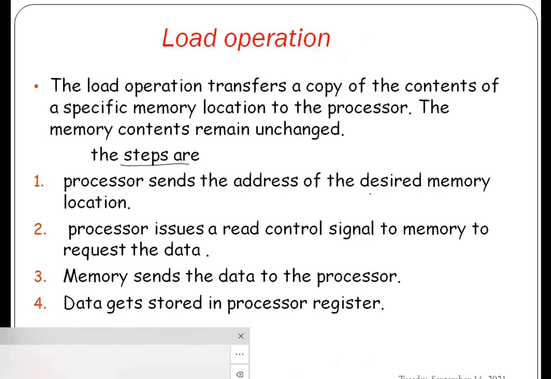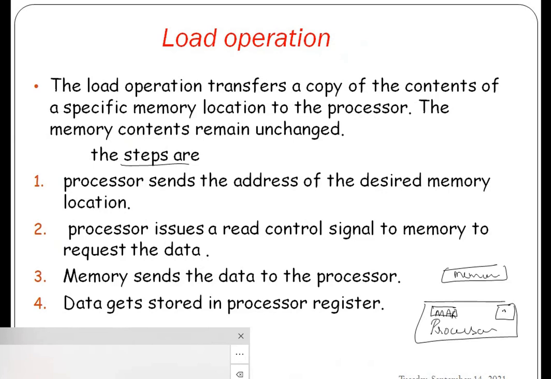So what are the steps to perform the load operation? The processor sets the address of the desired memory location. Recall the diagram of the basic performance equation, where the processor and memory interact using the standard registers. If the processor wants to get data from memory, it needs to send the address with the help of register MAR. The processor issues the control signal.